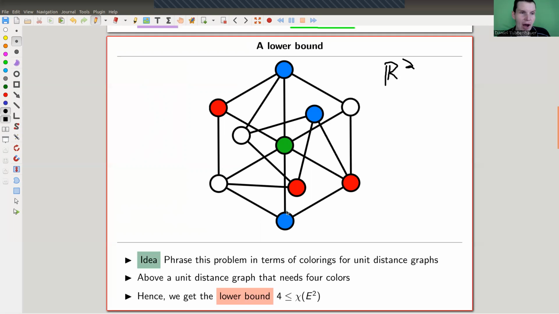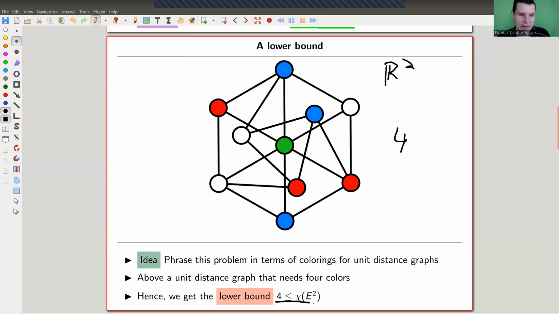So whatever our graph of the plane is, the infinite one, this will be a subgraph. And if this thing needs whatever x colors, then our big infinite graph needs at least that many colors. It turns out this one needs 4 colors.